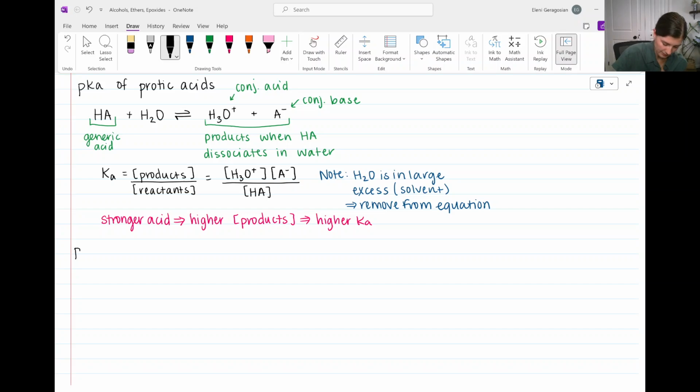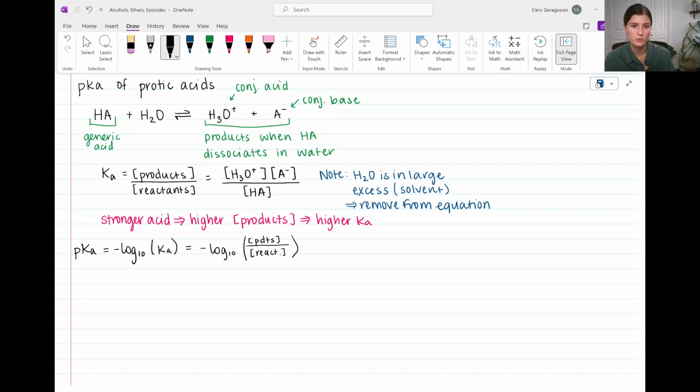Now, pKa is calculated by taking the log, which is base 10, of the Ka. Kas exist in really large and really small values, so taking the log of that value makes it more manageable to work with these numbers and a lot more straightforward to compare. So pKa is the negative log of Ka, that's also the negative log of the concentration of products over the concentration of reactants.